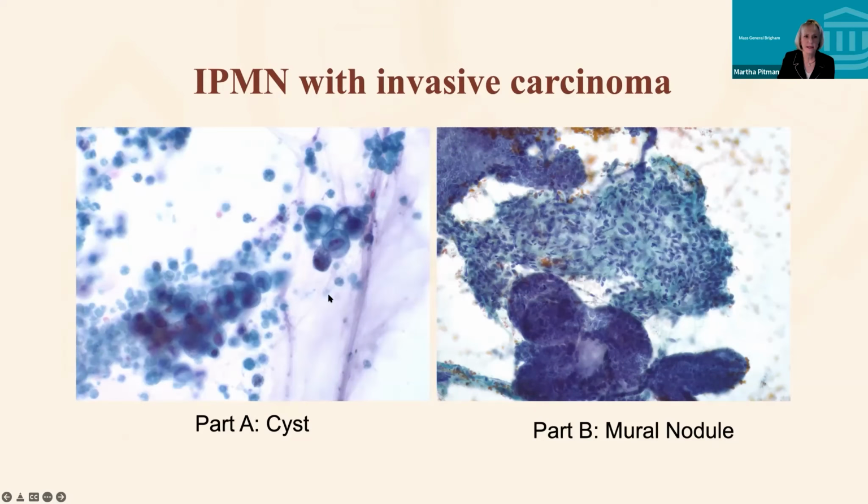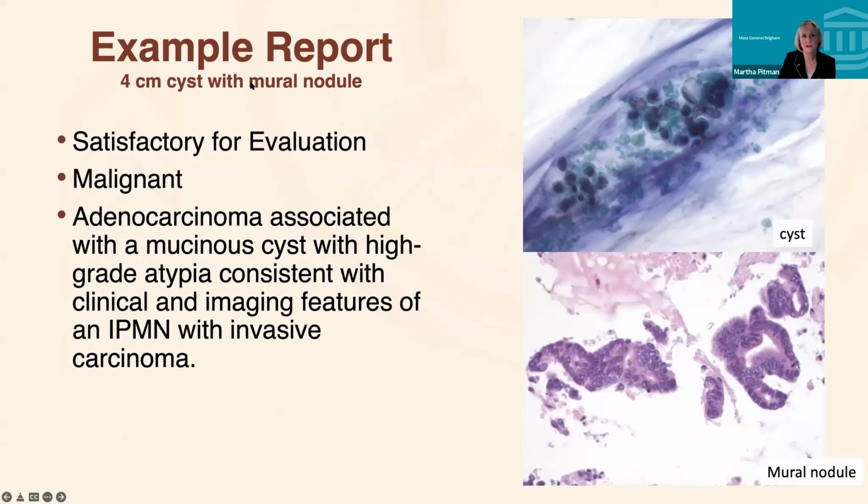You can get cyst aspirate contents that show high-grade epithelial atypia that supports this being a high-risk cyst, but to definitively diagnose adenocarcinoma, you need to separately aspirate that nodule. So here's an example, a 4-centimeter cyst with a mural nodule, satisfactory and malignant. Putting part A and part B together, I can call it an adenocarcinoma associated with a mucinous cyst with high-grade atypia, consistent with the clinical and imaging features of an invasive carcinoma arising in an IPMN.